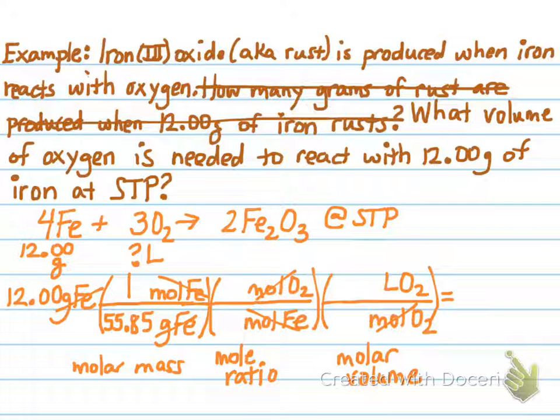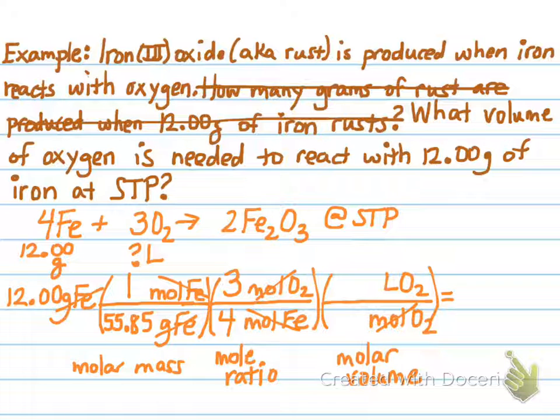That's my molar mass of iron. My mole ratio, I look at my toolkit. My toolkit says my mole ratio, my numbers come from my coefficients. So my coefficient on oxygen is 3, so I put a 3 in front of moles of oxygen. My coefficient on iron is 4, so I put a 4 in front of moles of iron.